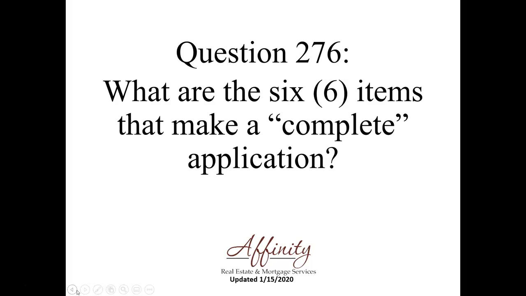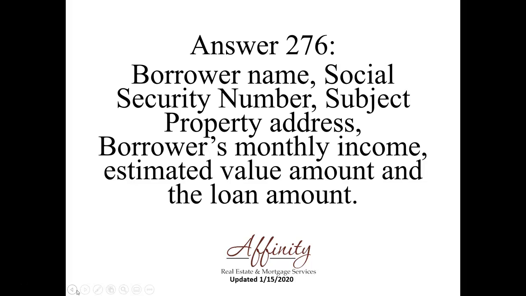Question 276. What are the 6 items that make a complete application? Those items are the borrower name, even if there are multiple borrowers, Social Security number for each borrower, the subject property address, the borrower's monthly income, the estimated value amount, and the loan amount.